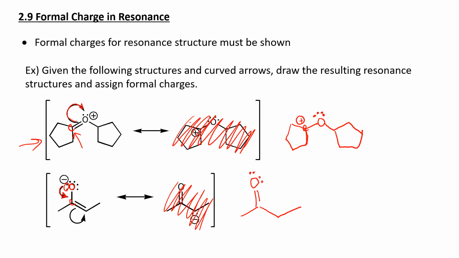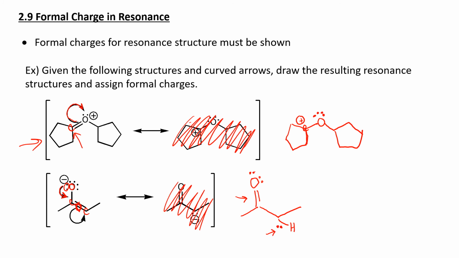And now the second arrow is showing that the electrons from this pi bond are going to be moved onto this carbon atom. So now let's put that pair of electrons on the carbon atom, which already had a hydrogen.